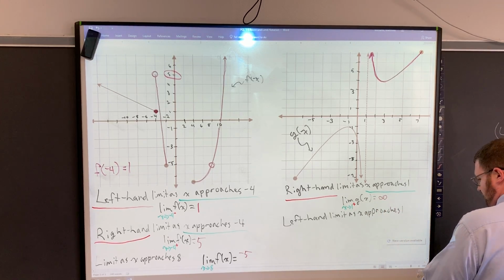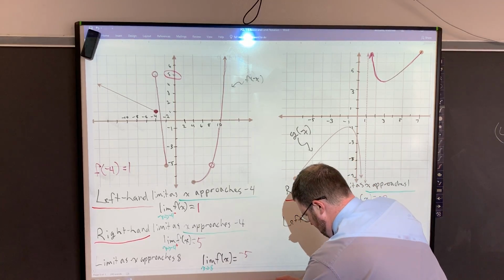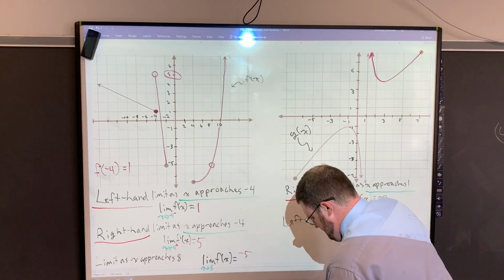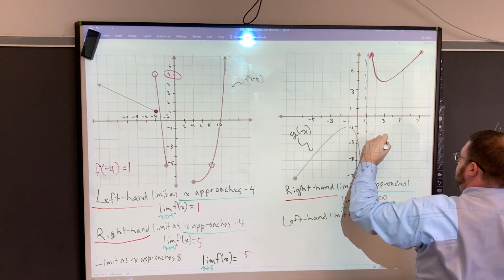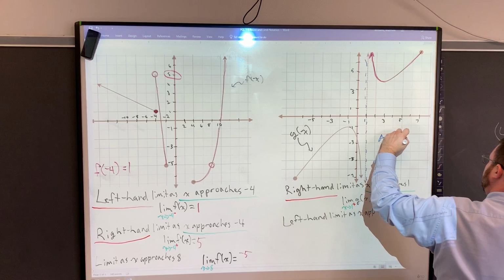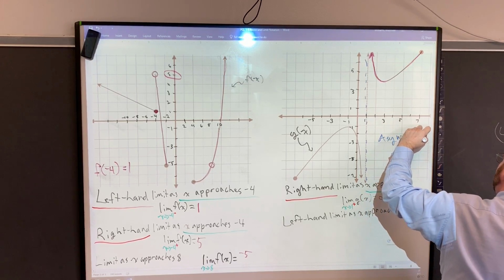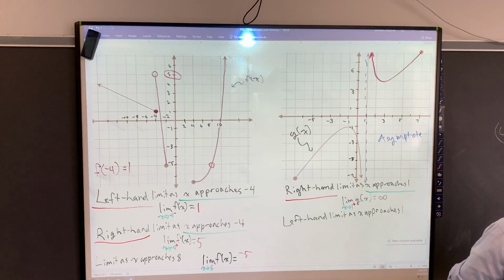Reminder of what I mentioned in another video, that this is called an asymptote, and that we'll go into more detail about those later in the year.